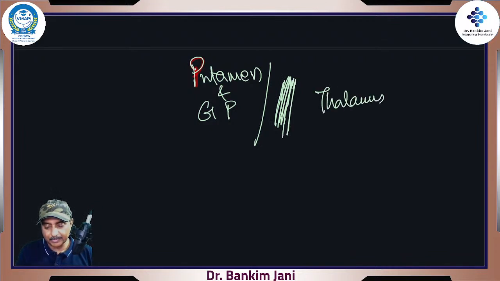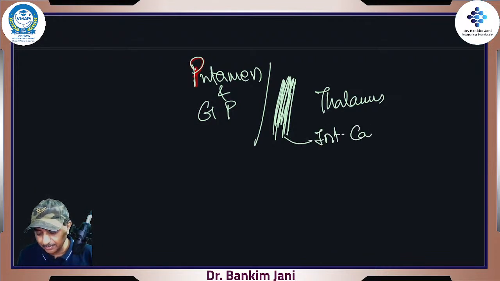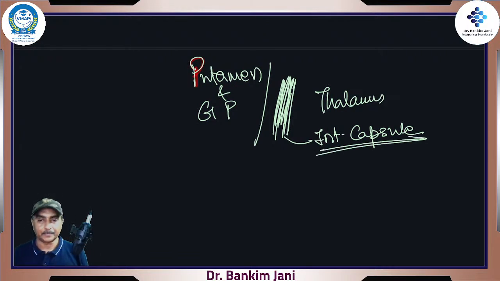This internal capsule itself is a topic, but we'll take it up when we discuss all those tracks. Till that point, we just understand that it is a path which will be utilized for communication.